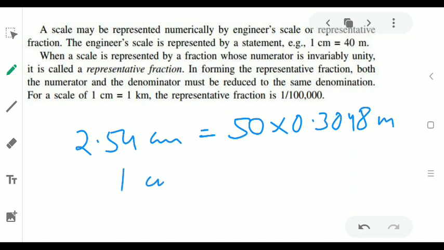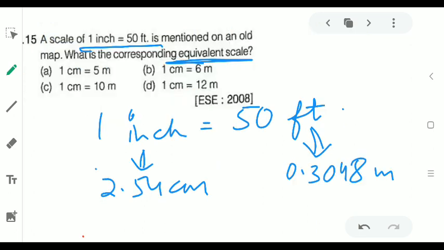So you will get it as 1 centimeter is equals to 6 meter. So the correct option for question number 15 will be option B.